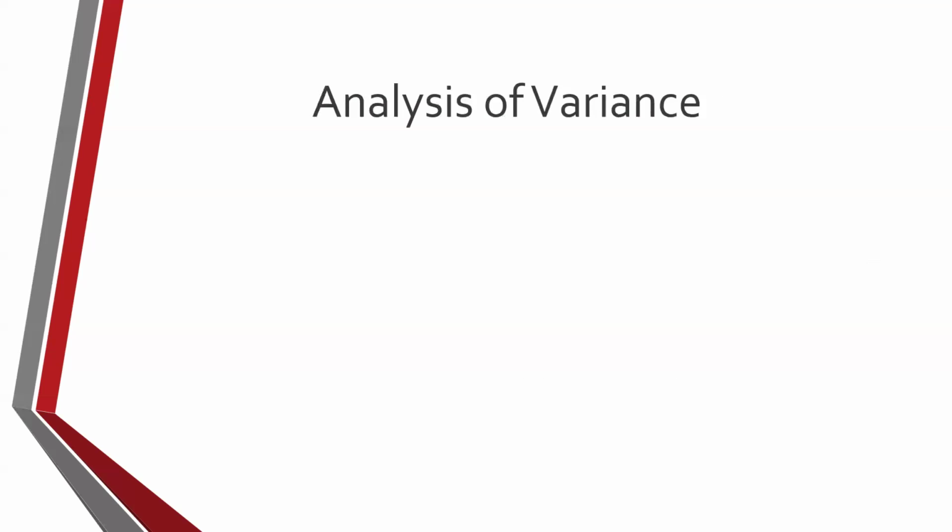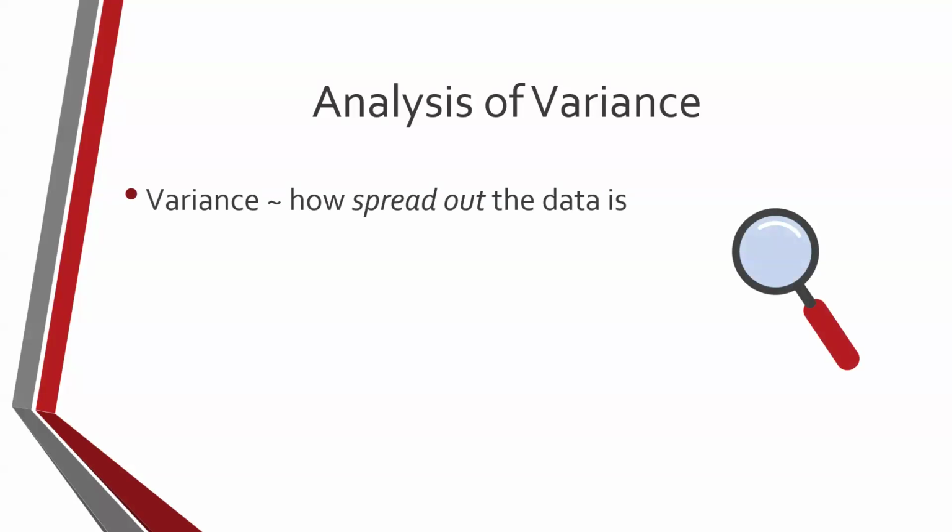All right, so to set the stage, let's just take a first glance at the end goal that we have, which will be the analysis of variance, or AOV for short. So statistical variance is a measure of how spread out the data is about its mean.